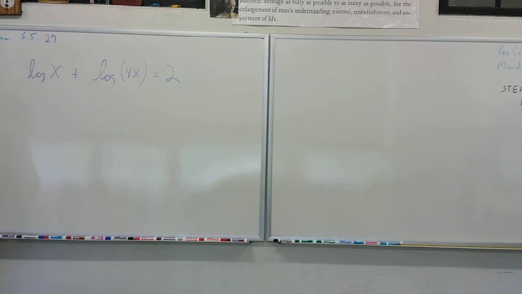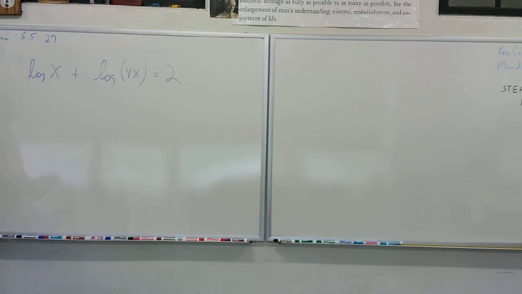Now, you cannot use Rule 5 if you have more than one log on a side. Rule 5 requires you to have just one log at the most on a side. Everybody hearing that? One log at most.